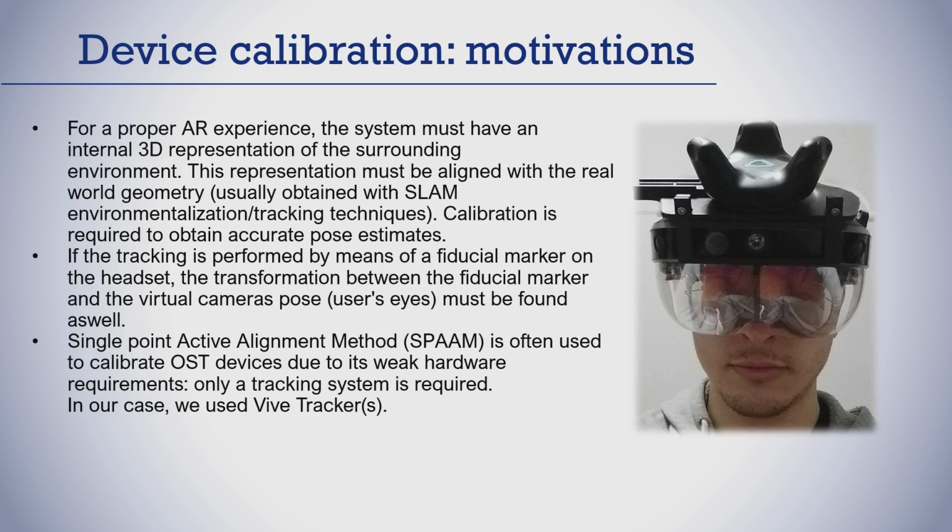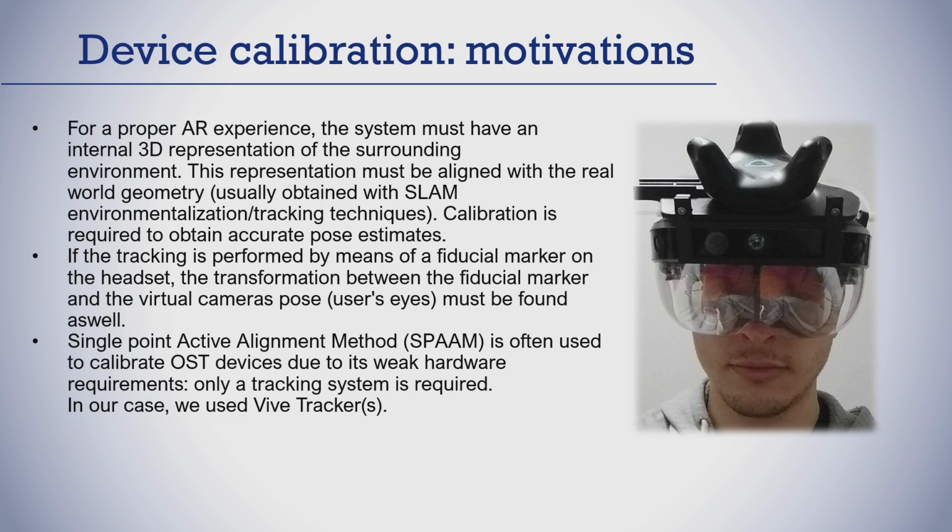Also, if the tracking system is based on a fiducial marker like this one, which is attached somewhere on the headset and not with the vision system, then you also need to compute the transformation matrix between the marker and your point of view. Otherwise, basically, the virtual camera, which is the point from which everything is rendered, is considered as being on top of this marker.